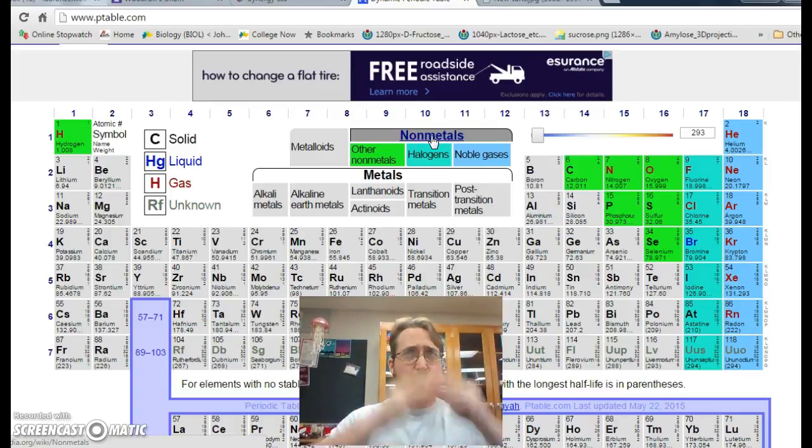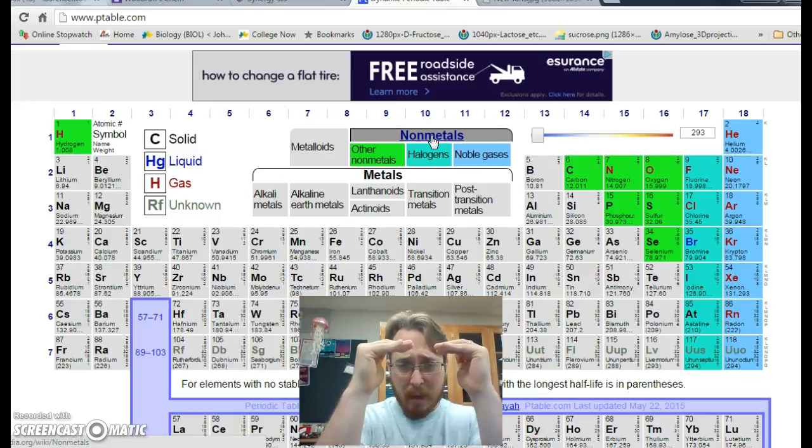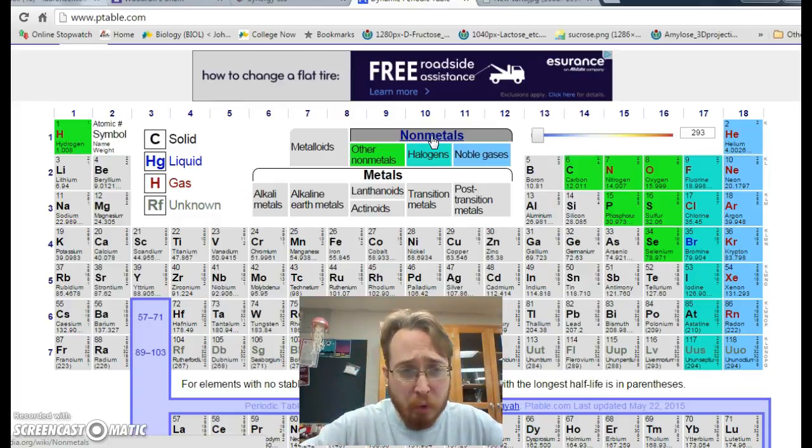Well, if you start with 3 and 3, and you are a metal with a low electronegativity, and you lose 1 electron, now you have 3 protons for positive 3 and 2 electrons for negative 2. That gives you an overall charge of positive 1. That doesn't equal 0. You now have a positive 1 charge. If you lose electrons, you gain a positive charge.